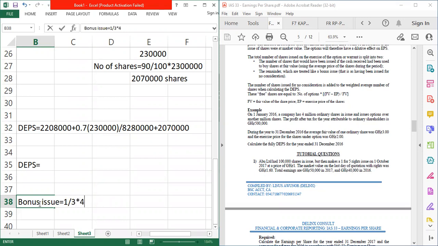The company has 4 million shares in issue, and issues options over another million shares. So the option is 1 million, another million shares. So what will be the bonus issue now?